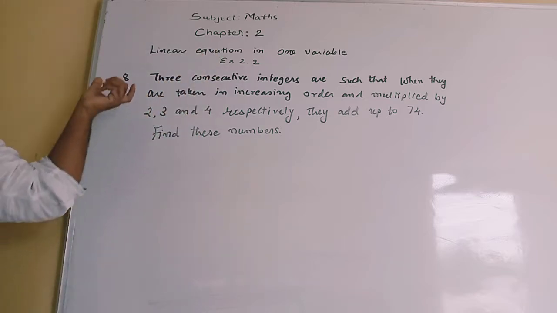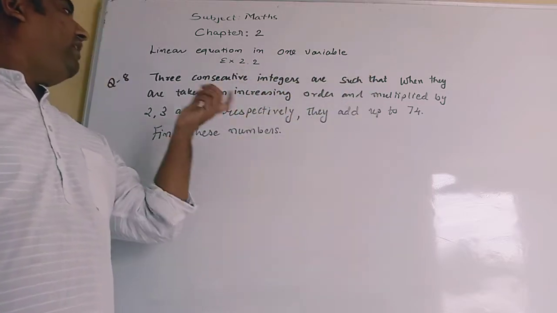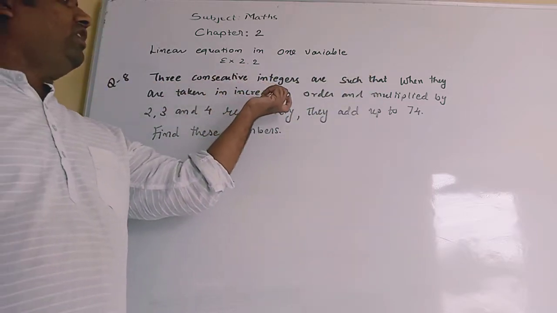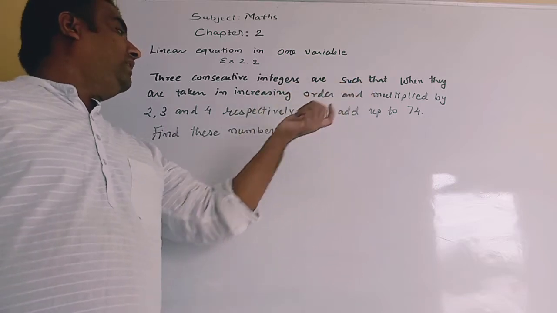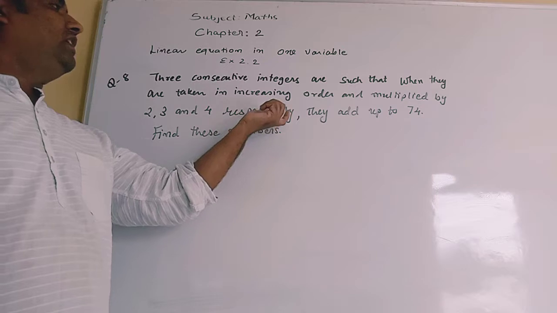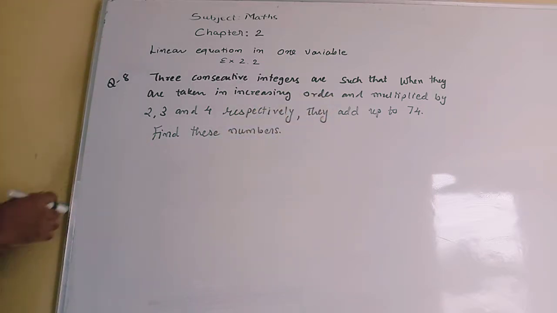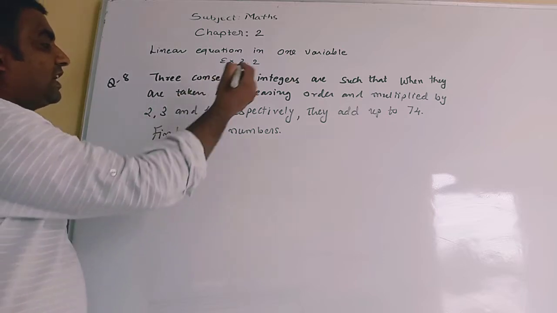Question 8: three consecutive integers are such that when they are taken in increasing order and multiplied by 2, 3 and 4 respectively, they add up to 74. Find these numbers. Here three consecutive integers are there.